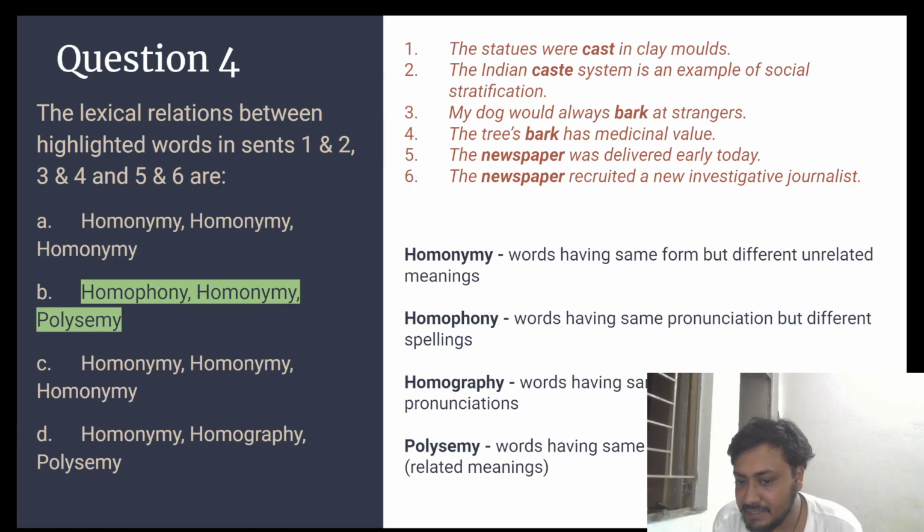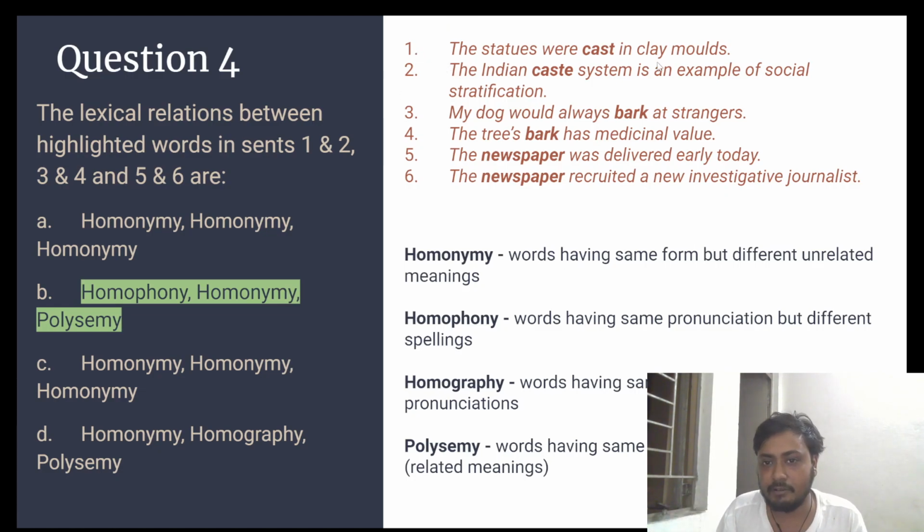But these meanings are not like homonymy. In homonymy, the meanings are completely different. But in polysemy, the meanings have some correlation between them. So they are different senses, which are related meanings. So how do we understand all this? Well, let's look at the first example.